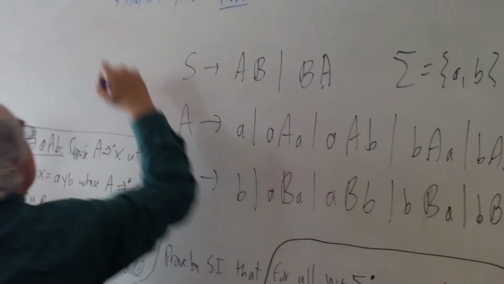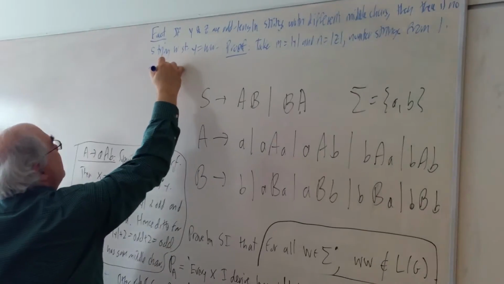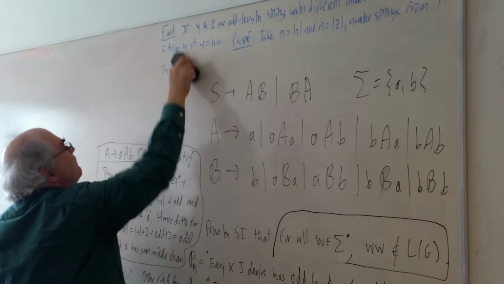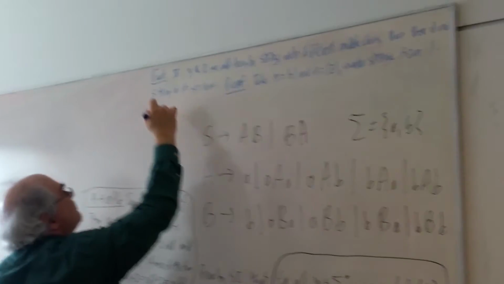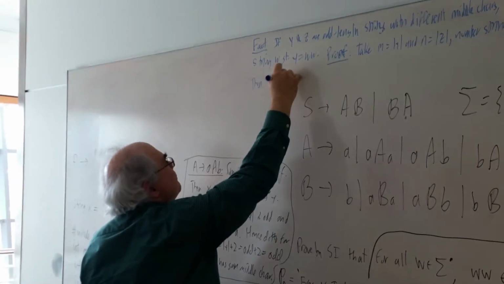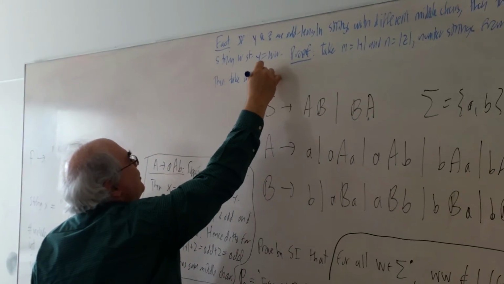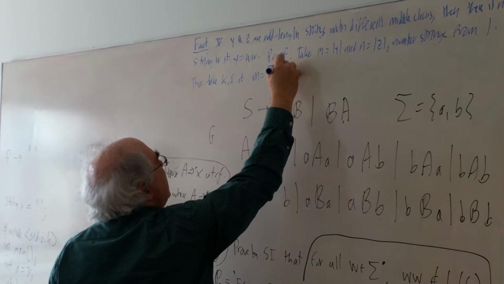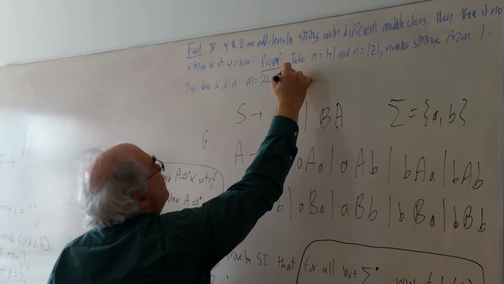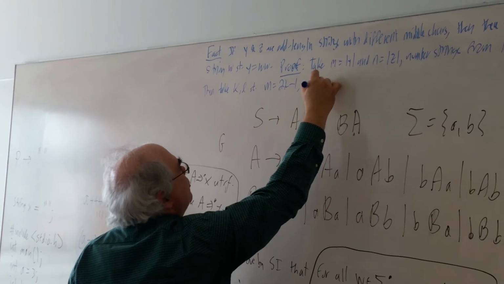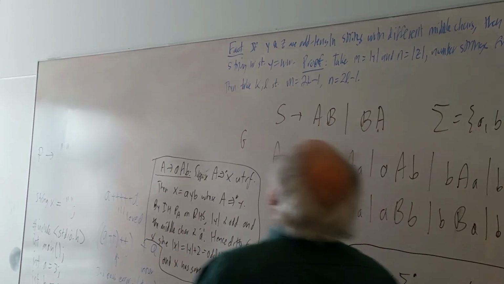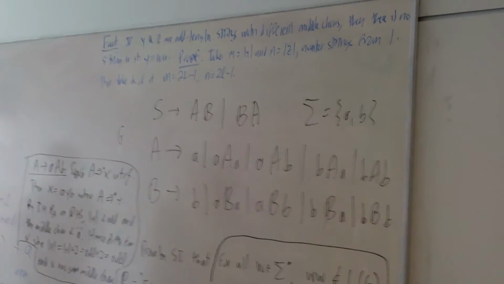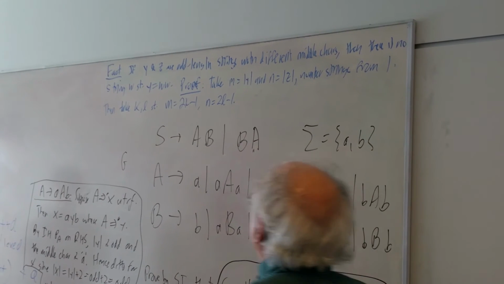Then there exist K and L such that M is equal to 2K minus 1 and N is equal to 2L minus 1. Okay, we can do that because M and N are odd numbers.